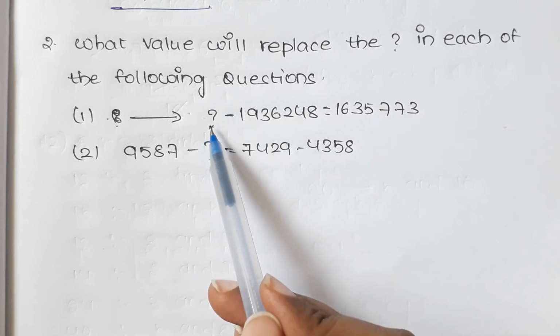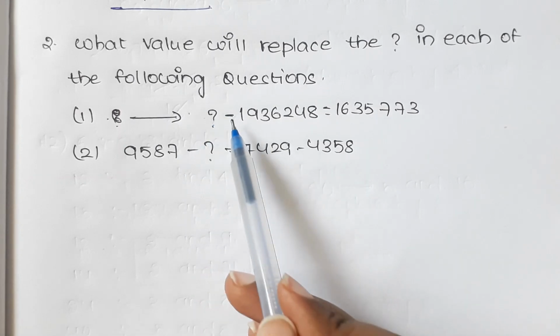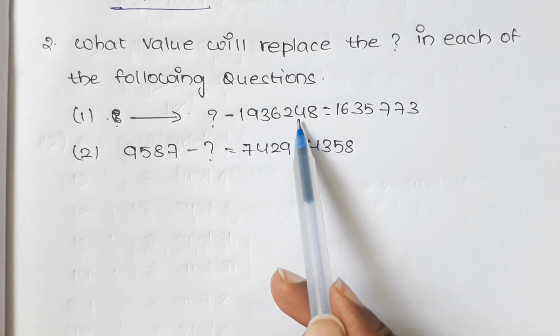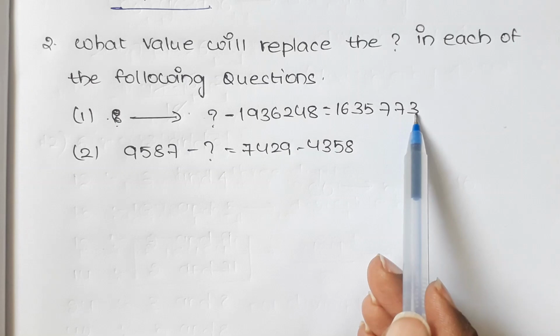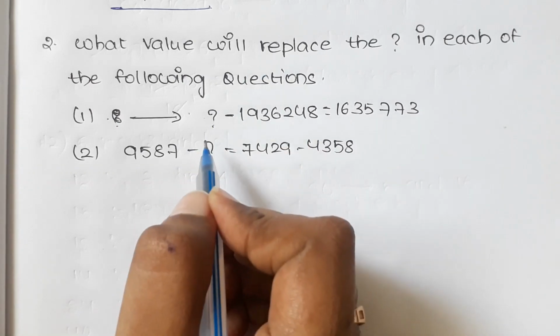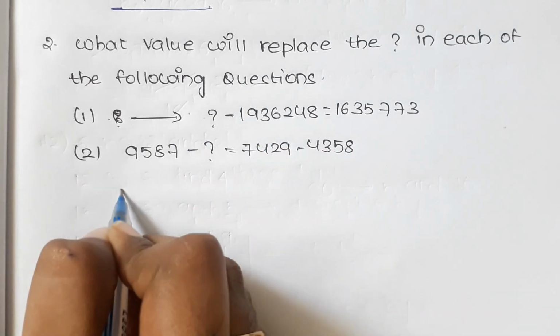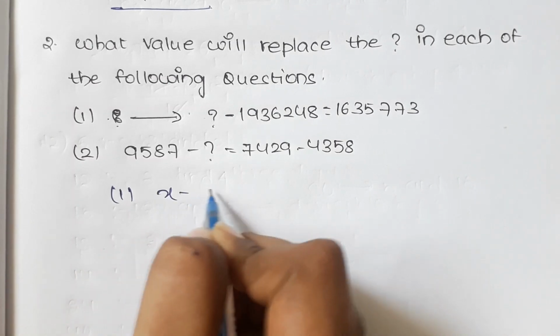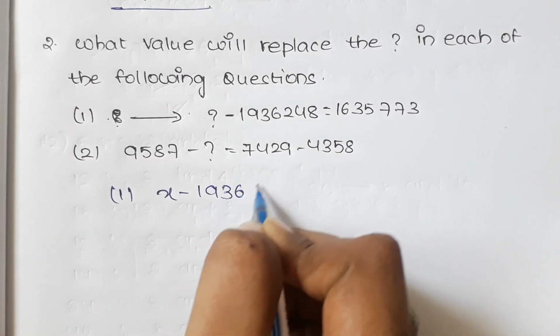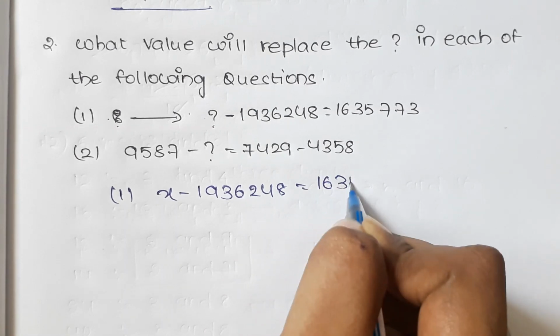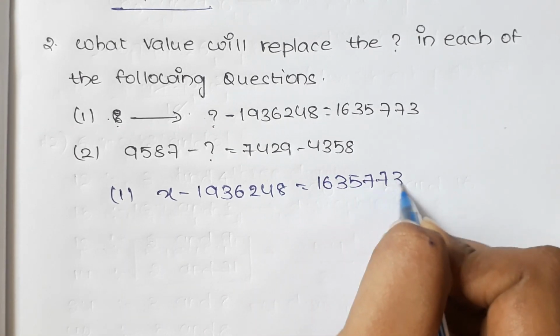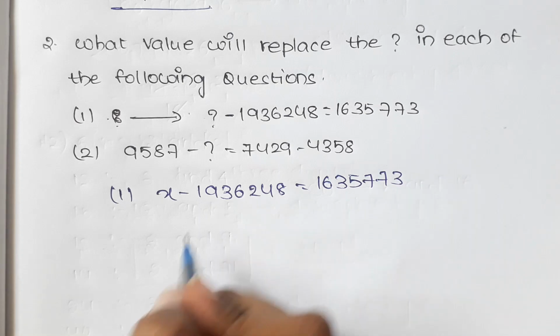The first one is question mark minus 1936248 equals 1635773. In the place of the question mark we should write x, that is x minus 1936248 equals 1635773. So here we should find the x value.